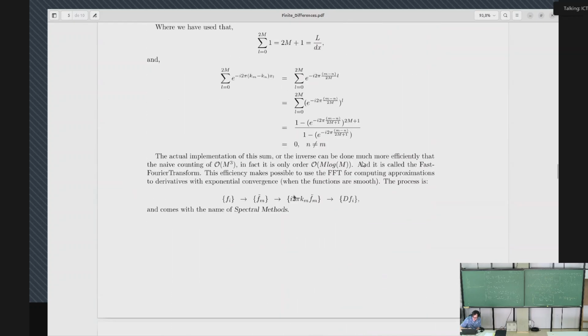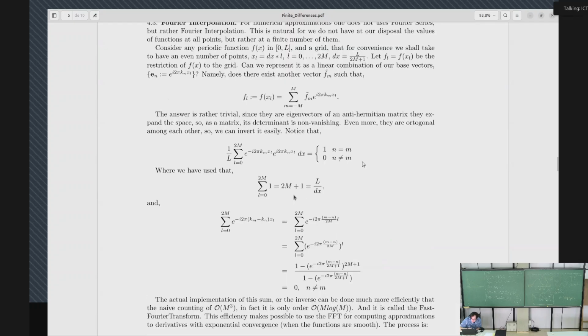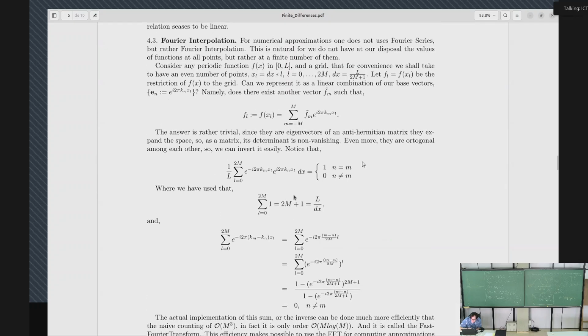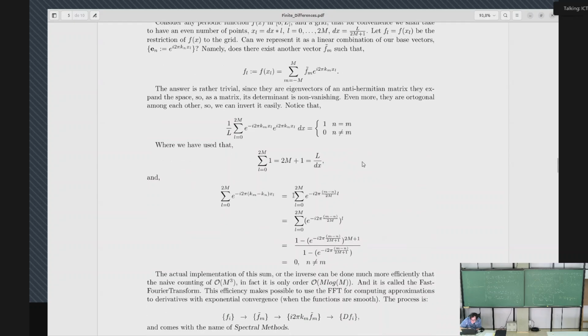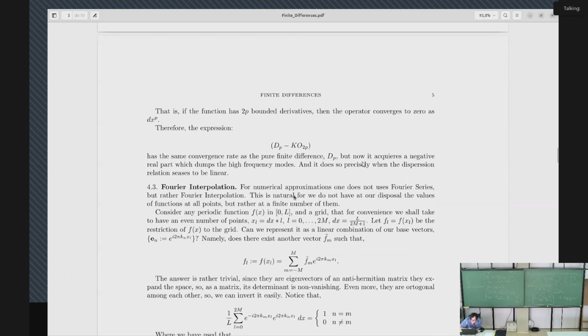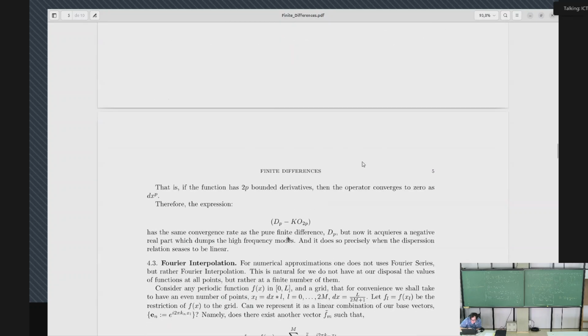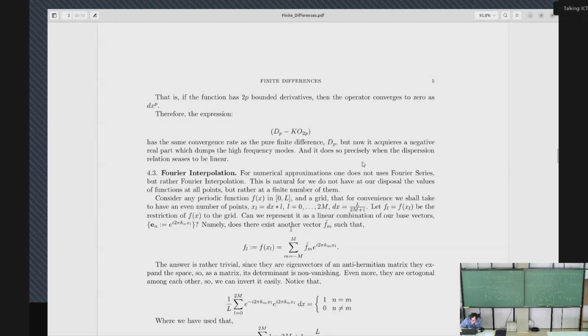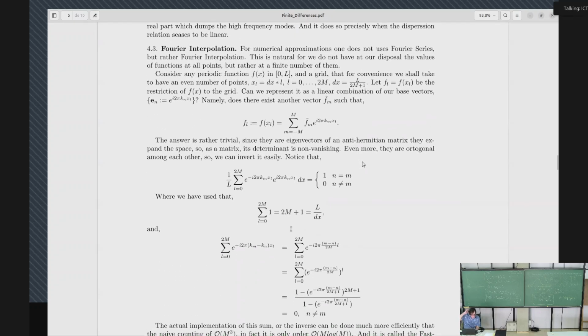And the eigenvalues will now have this written somewhere around here. I cannot find it exactly in the notes, but it's written. We have this real part that's decaying.